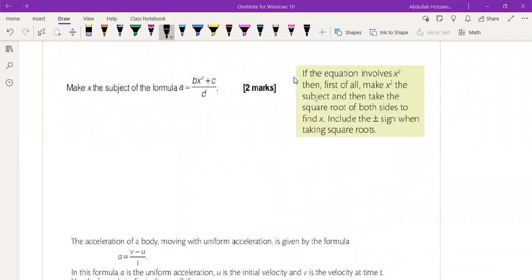In this formula, make x the subject. But here we have x squared. In an equation involving x squared, we need to take care of something. Let's solve it and I will tell you.